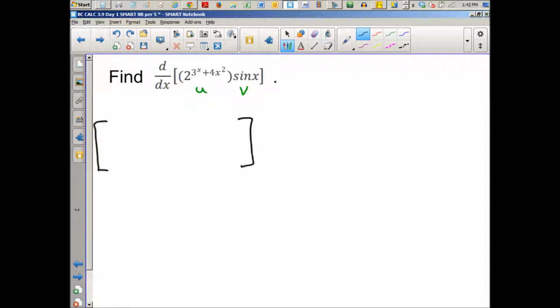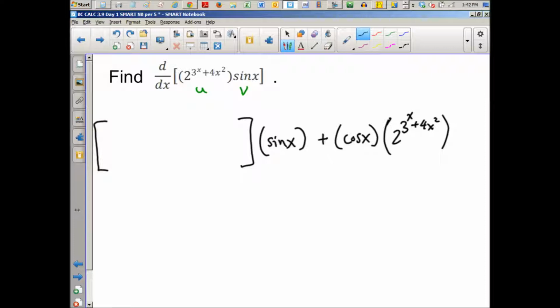That thing's awful. Okay, so u prime is going to be in brackets, and then I'll have v right here. And then v prime, that's easy. That's just cos x. And then u, that's just copy and paste. And yes, it's 2 to the 3 to the x, and then plus 4x squared.